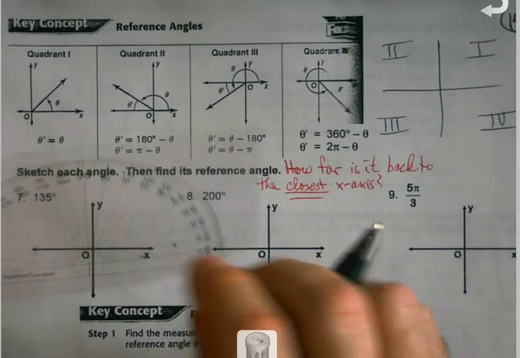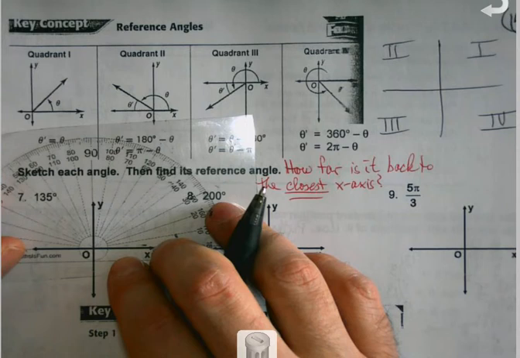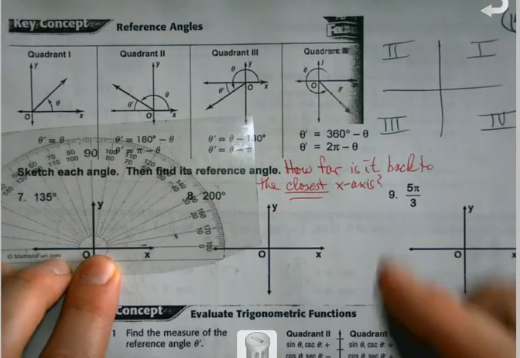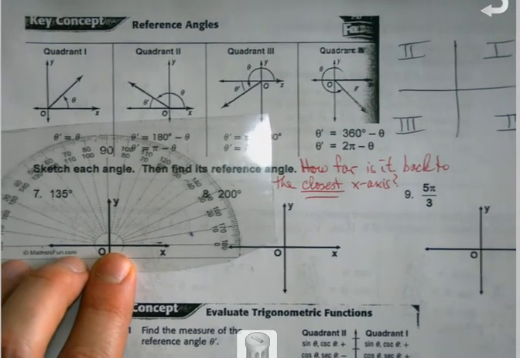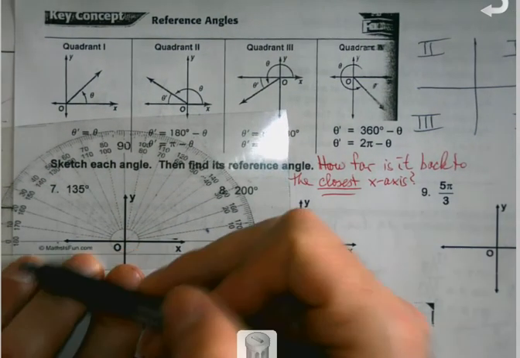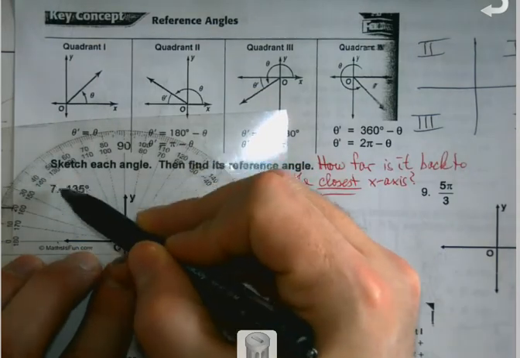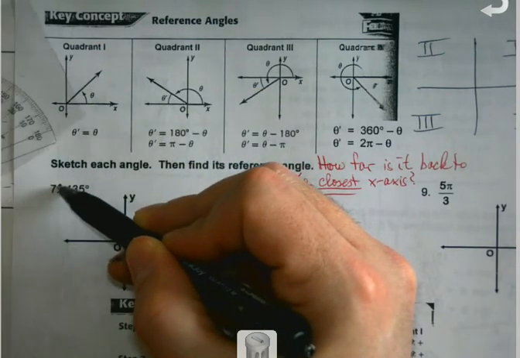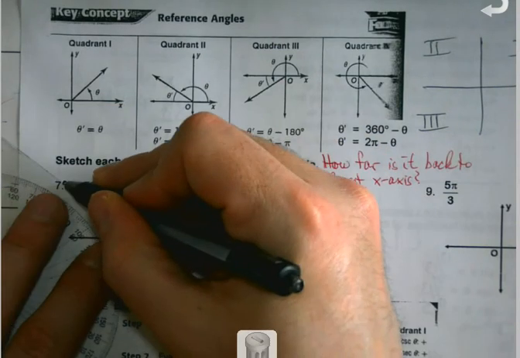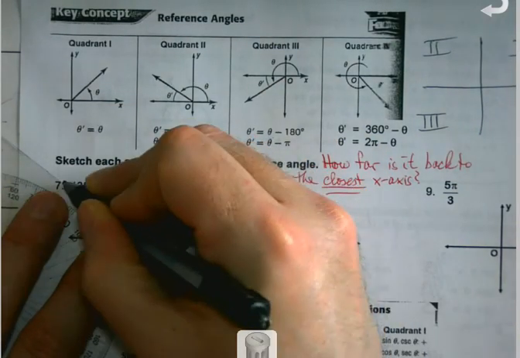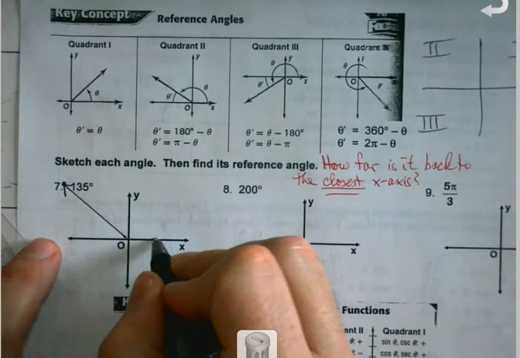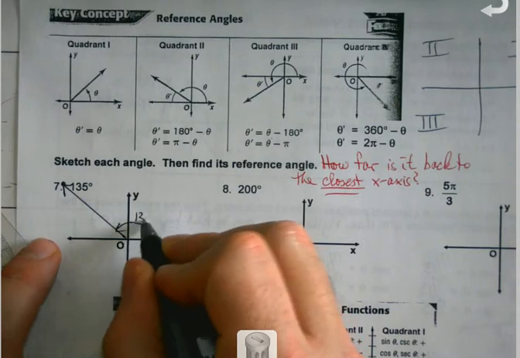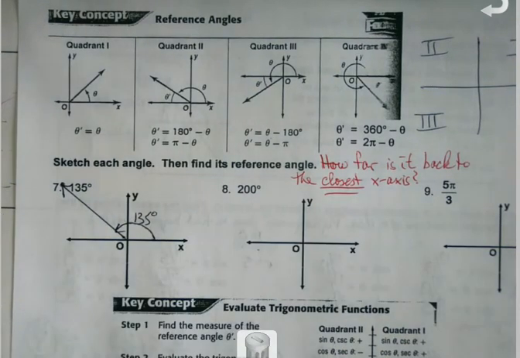So when I go to draw an angle, I can do it pretty quickly with 135, because anything, of course, under 180, I see on here right away. So here's my 135.